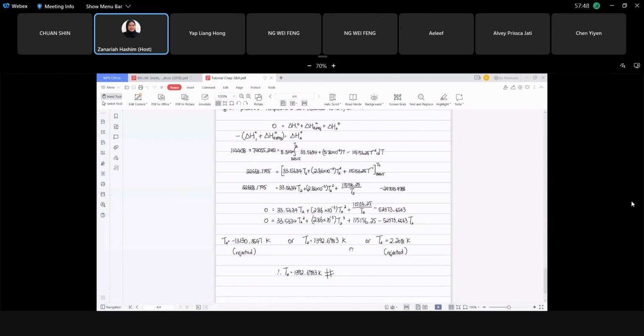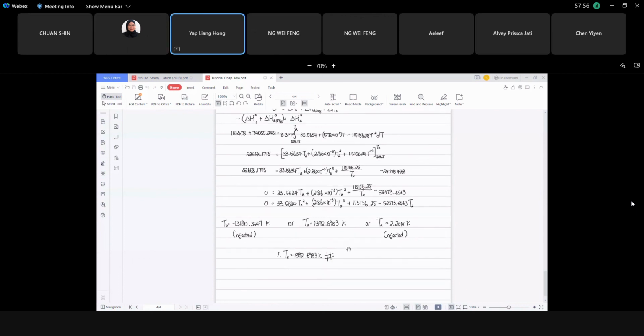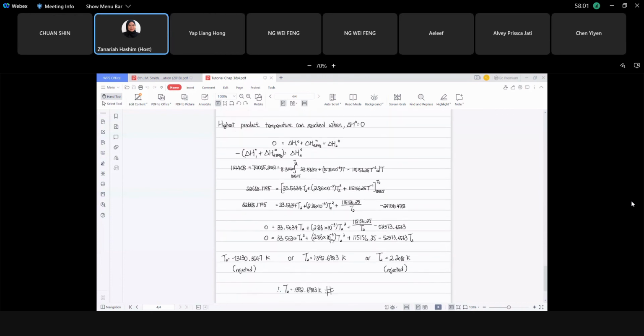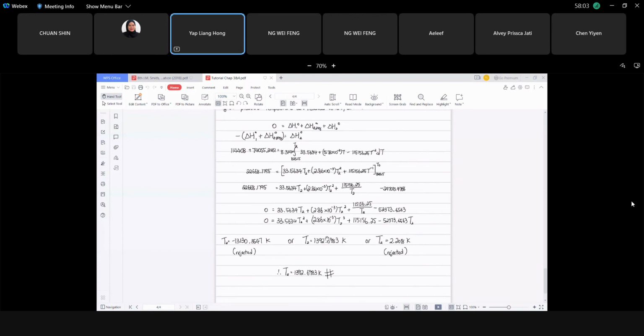I'm a bit old fashioned. My calculator cannot do cubic equations, so I have to do the iteration. So this method is also acceptable? Yes, acceptable.